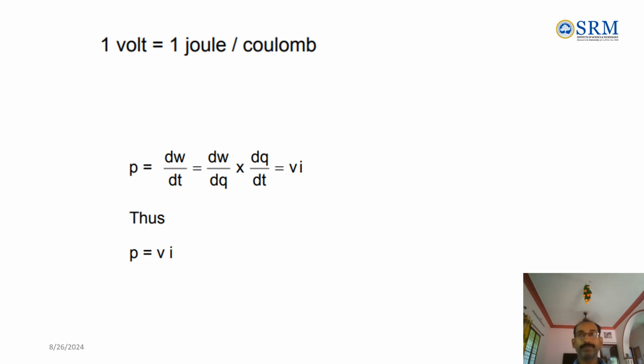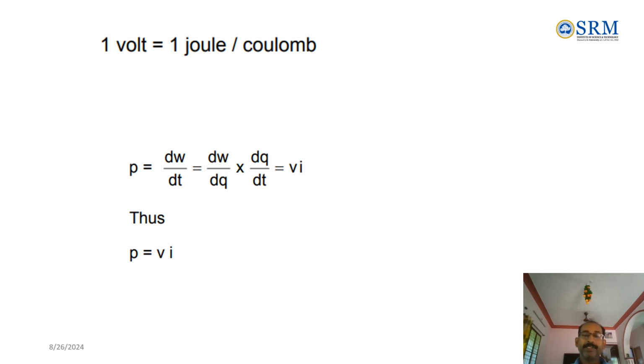Similarly, volt: we usually refer to it as the potential difference between 2 points. Current always flows from higher potential to lower potential. 1 volt is equal to 1 joule per 1 coulomb. So the power P can be written as dW by dt, the work done at a particular time.